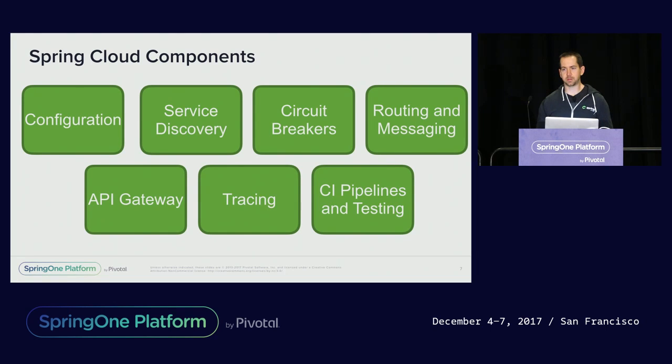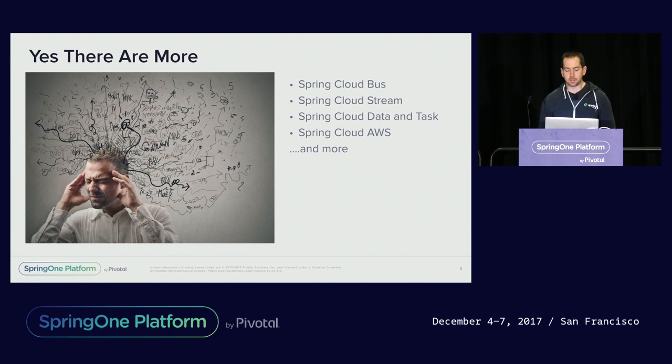So our CI pipelines project does help you do that. And testing, right? We want to be able to test not only the individual microservices themselves, but the contracts that these microservices have between each other. So this is another important and fairly new piece to the Spring Cloud project set that we're going to talk about today.